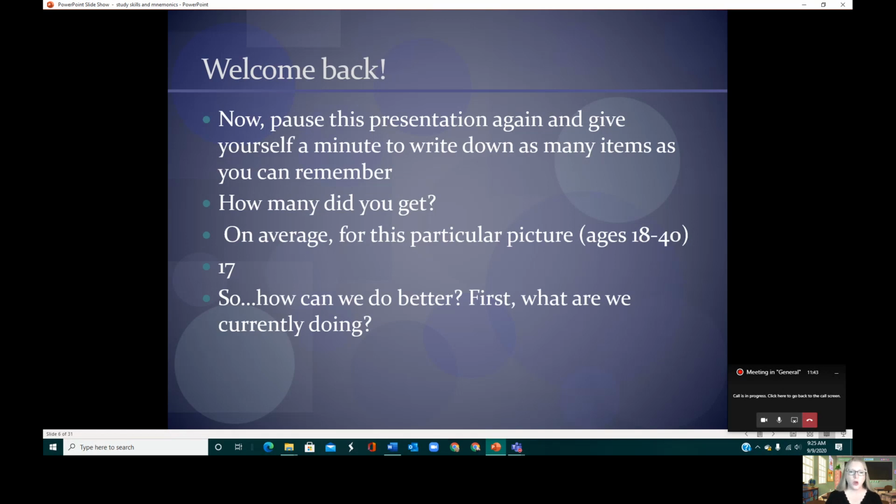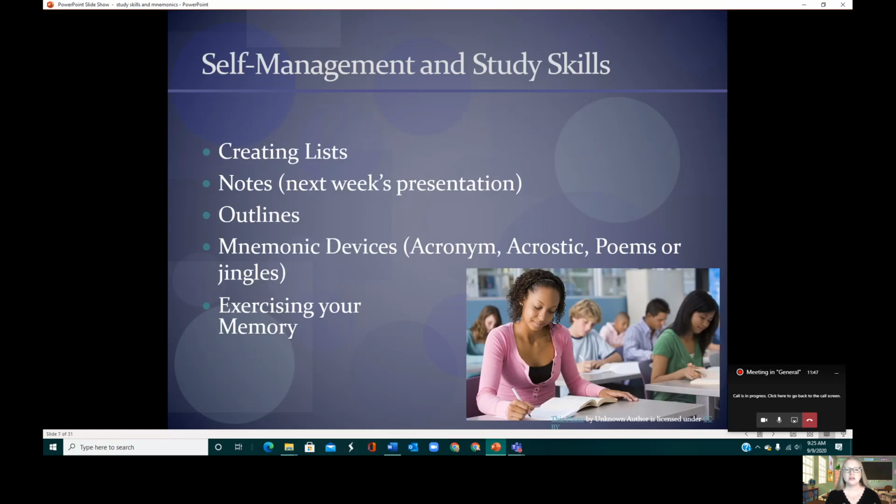So first we're going to figure out what we're currently doing, because if you're continuing to do something that's not working, that's like the definition of insanity. We don't want to do that. We want to teach our kids new ways of doing things. So in order to be self-managed, they have to have a place that's conducive to their study skills, okay?